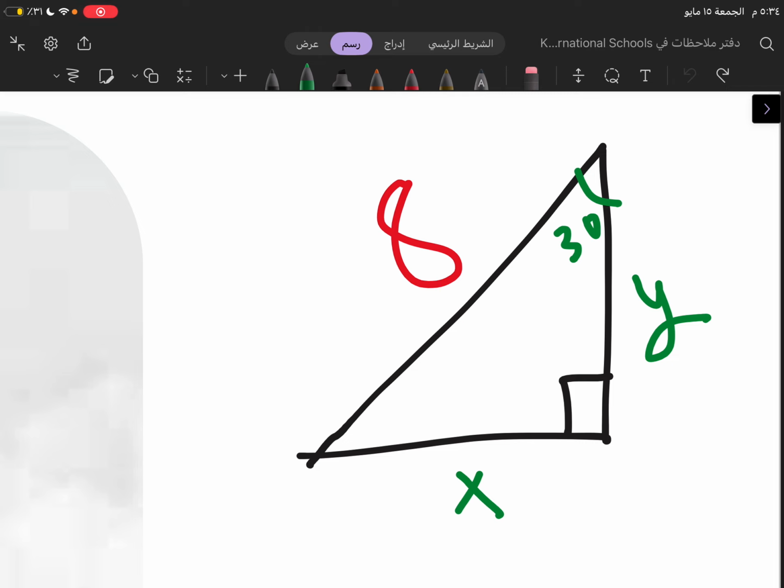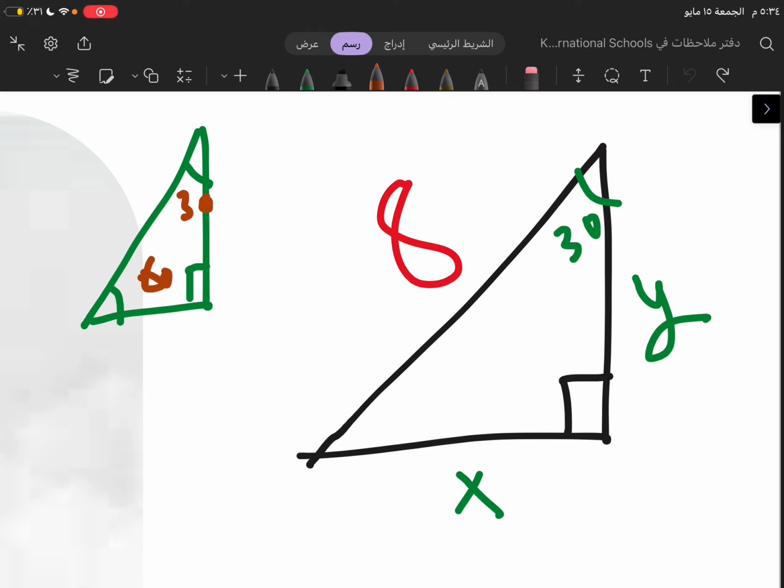Actually, before we solve this, you have to know the two special right angle triangles: the 30 60 90, and the second one, 45 45 90.